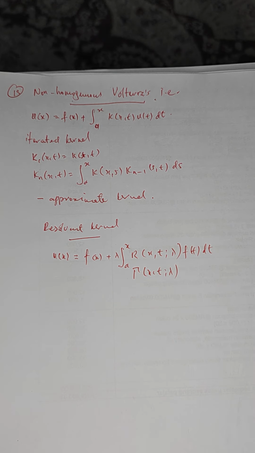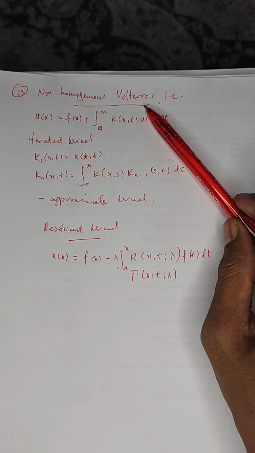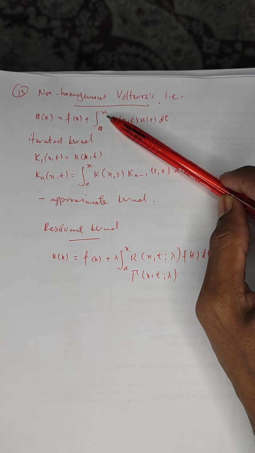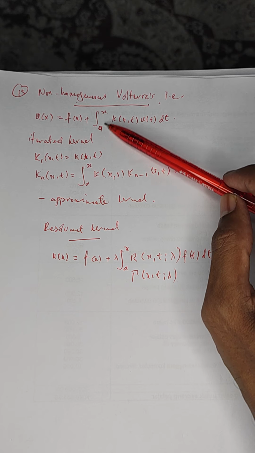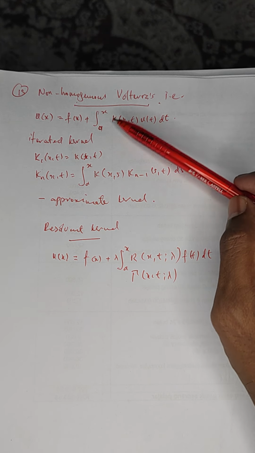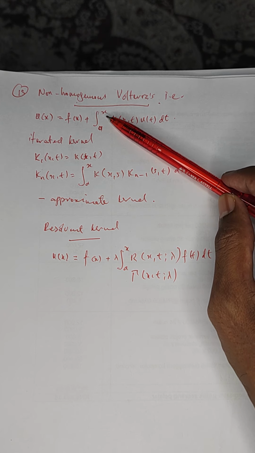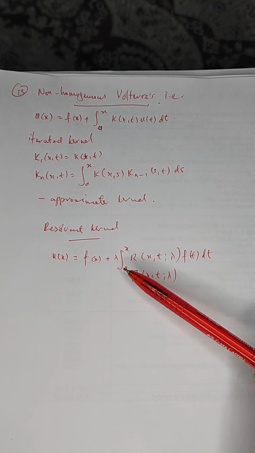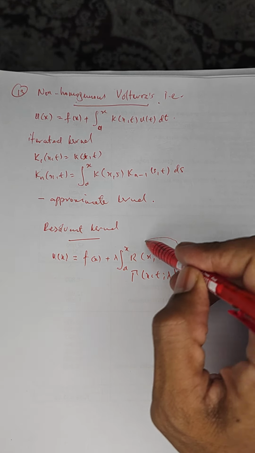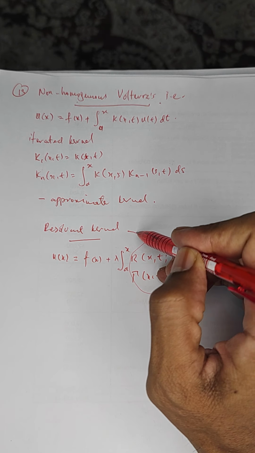The difference between the Volterra and Fredholm integral equations is the limit of integration. For the Fredholm we have a to b, both constants, while for the Volterra we have a constant to a variable. The same applies to the kernel and the resolvent kernel. This R(x,t) here is called the resolvent kernel.